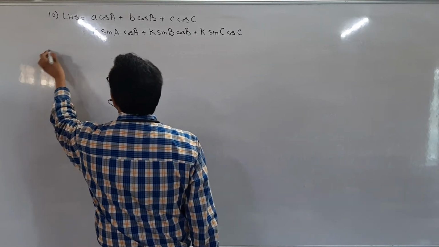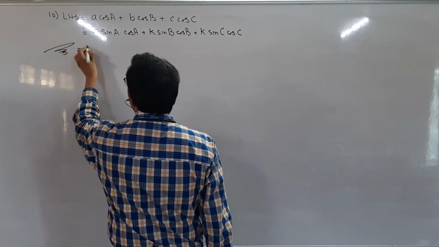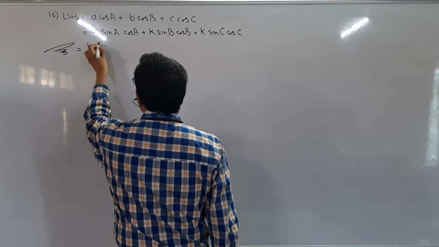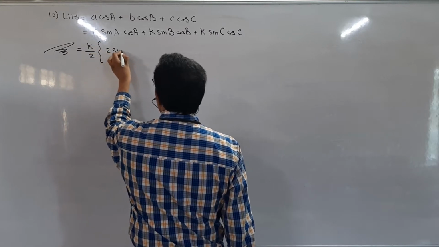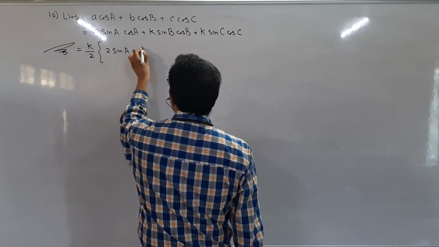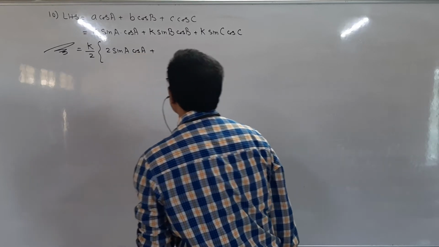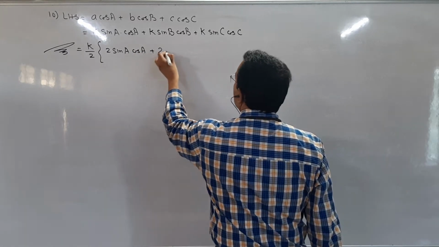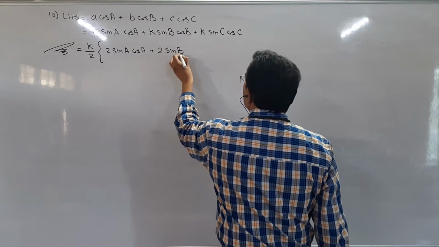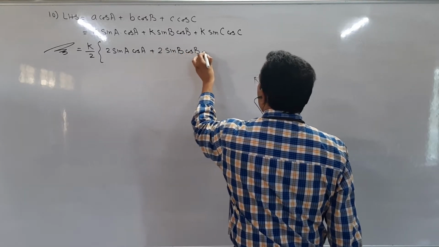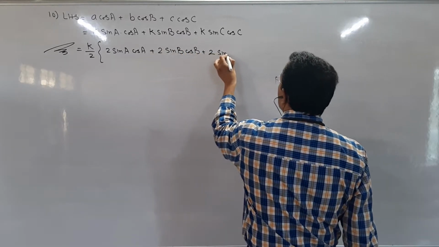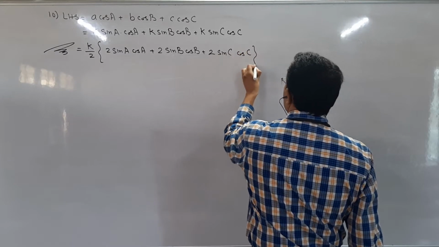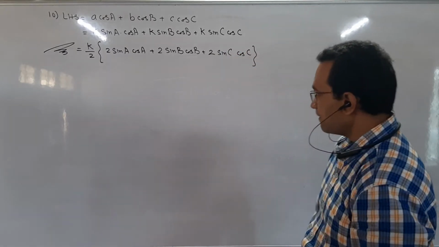Now, this step is the most decisive step. Multiplying and dividing by 2, taking k common: 2 sin A cos A, 2 sin B cos B and 2 sin C cos C. Why?